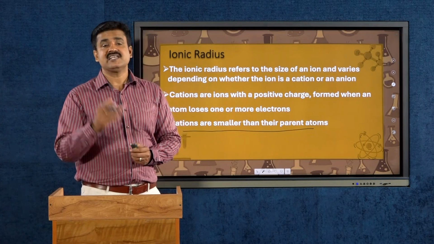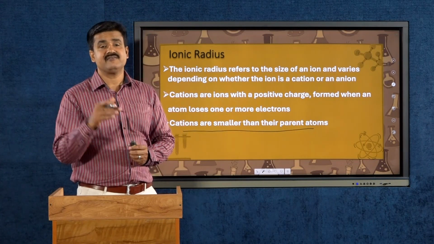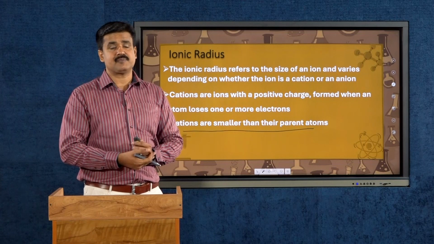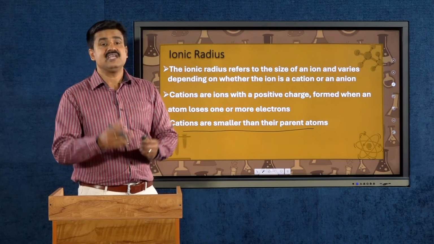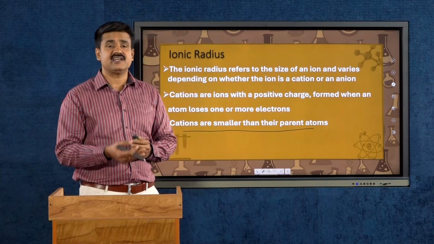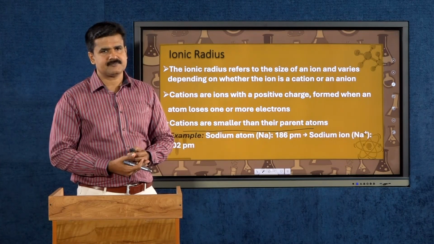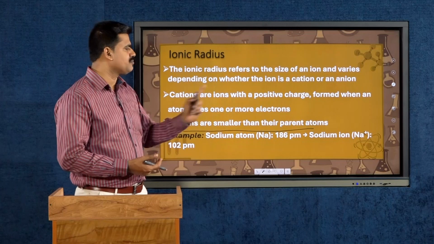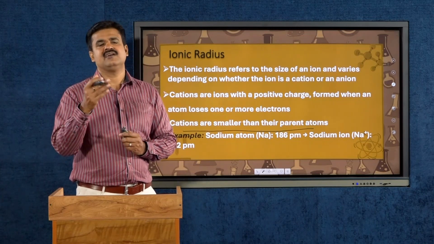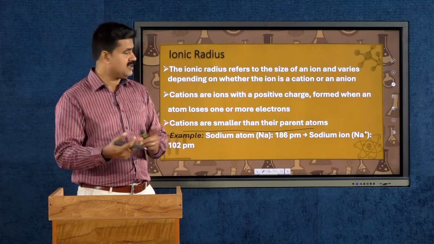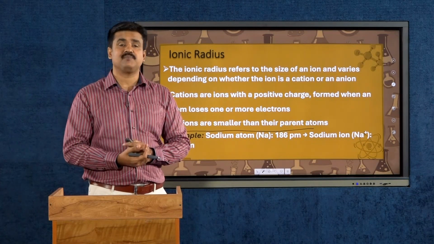Calcium 2 plus is smaller in size when compared with calcium. Aluminium 3 plus is very small when compared with the aluminium atom. Every cation is smaller than its parent atom. This is exemplified by the numerical value of the radius of sodium atom, which is 186 picometer.